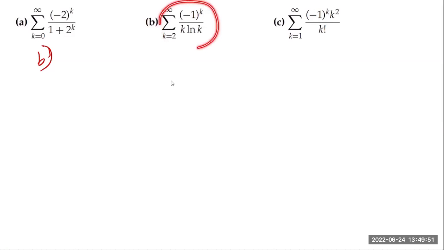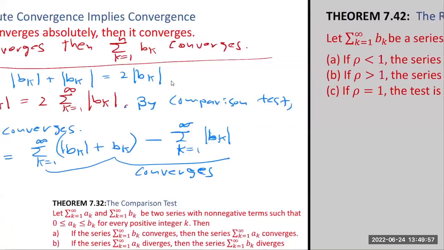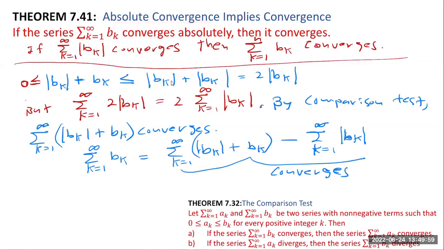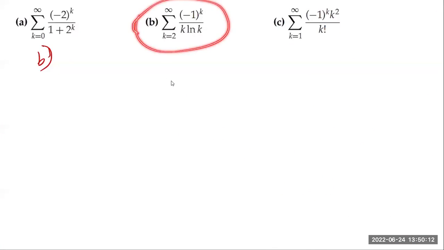If this series absolutely converges, then we know that it converges by this theorem. Notice that absolute convergence implies convergence. If we can show that a series is absolutely convergent, of course, the original series also converges. Okay, that's what I'm going to do. So let's prove that this is absolutely convergent.